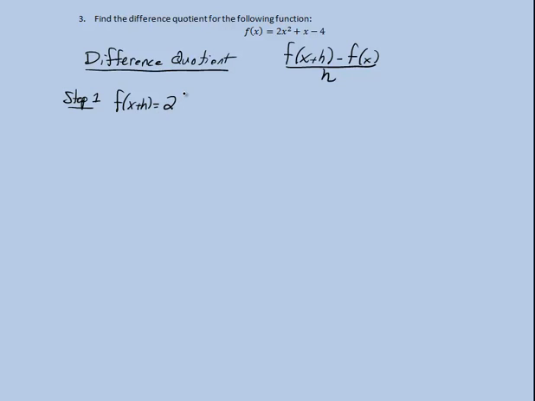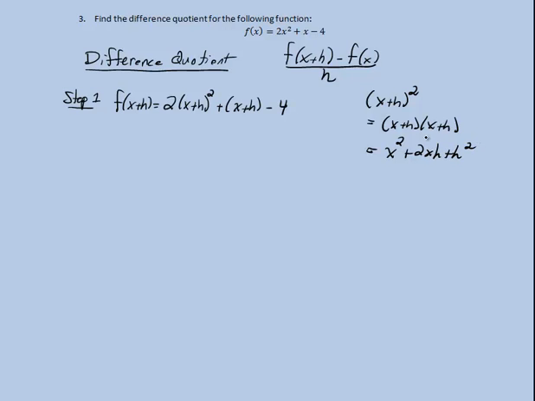So we're going to have 2 times x plus h squared plus a quantity of x plus h minus 4. We have to expand out that x plus h squared, which is x plus h times x plus h, giving us x squared plus 2xh plus h squared.